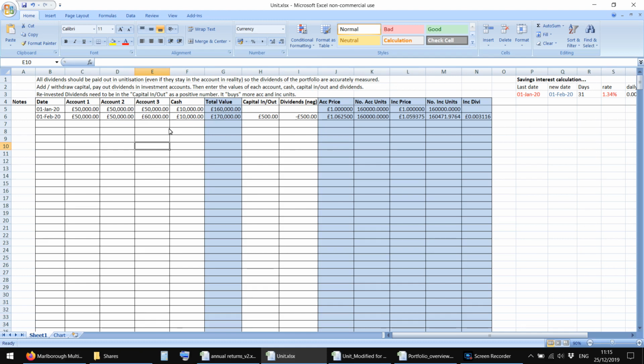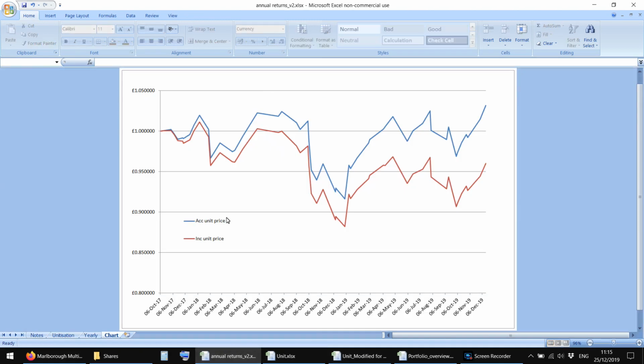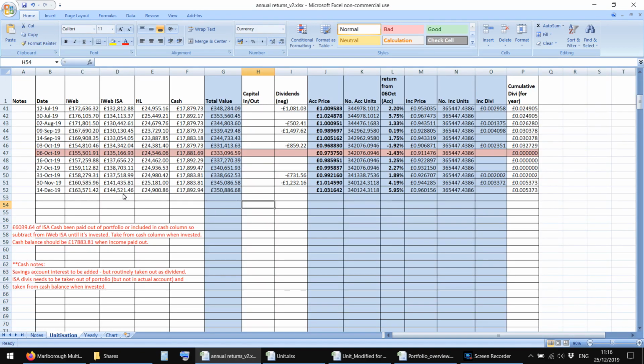But if you've got an ISA and you get dividends paid into the ISA's cash section, you don't want to pay them out because you want to keep as much money as you can sheltered in the ISA. So, in my example, for instance, for the iWeb ISA, when I put in the value, I've subtracted 6,039 and 64 pence off the ISA value, and I keep a little note of it here.